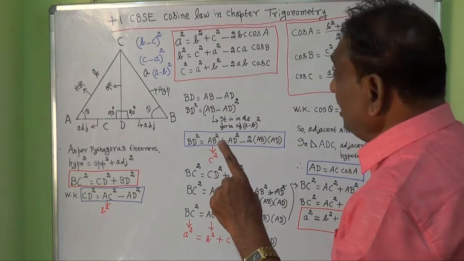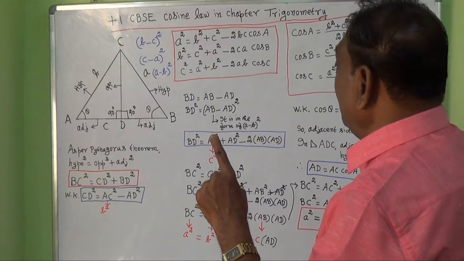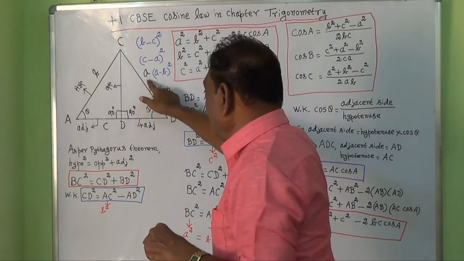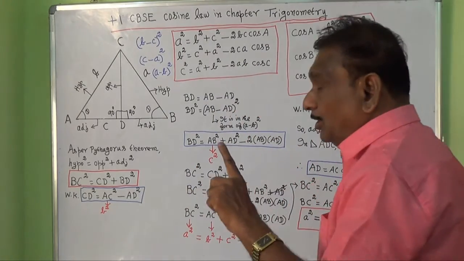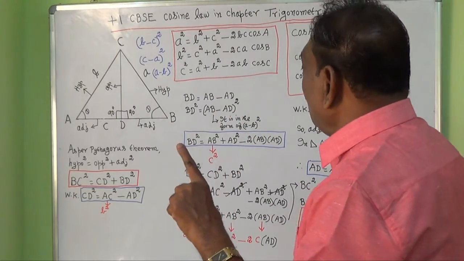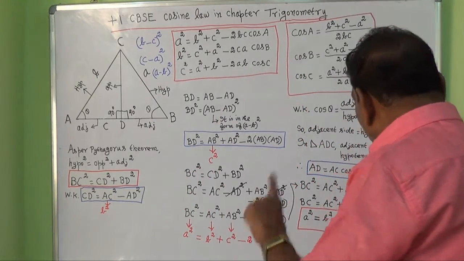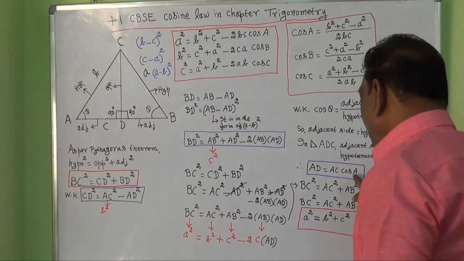Why the angle A is taken? The angle A is the opposite angle to the side a. If we want to write the formula for a square, we should write the angle as capital A.